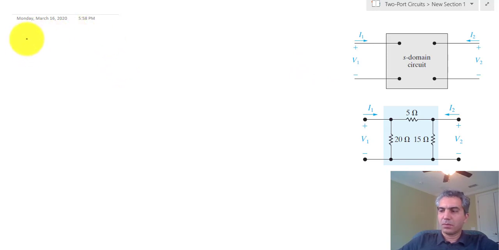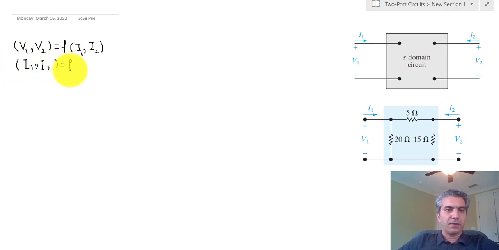Okay, so you can write V1 and V2 as a function of I1 and I2. You can write I1 and I2 as a function of V1 and V2. You can write V1 and I1 as a function of V2 and I2.